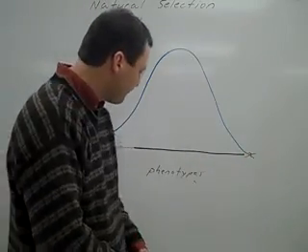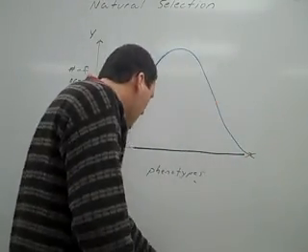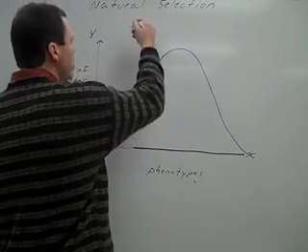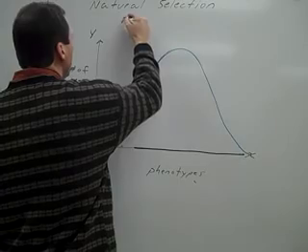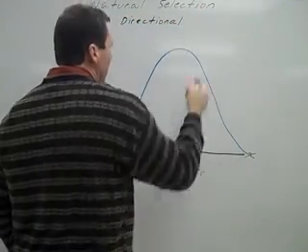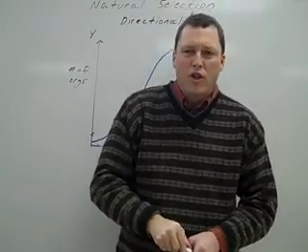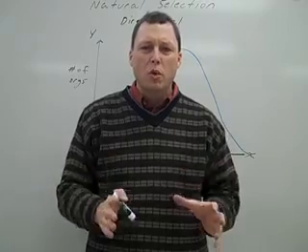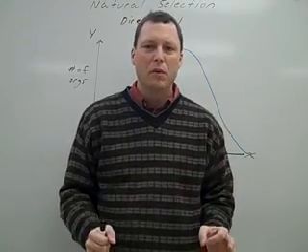There it is. Now the first type of natural selection is going to be directional selection. So I'll go ahead and write that right here. Directional selection. And directional selection occurs when one of the two extreme phenotypes is selected for.